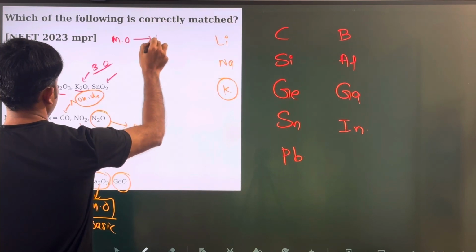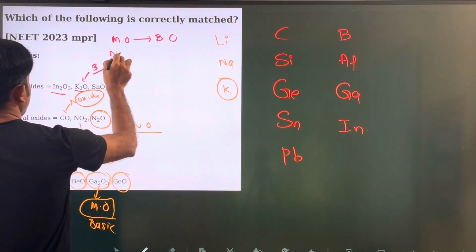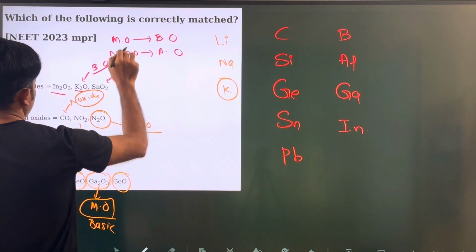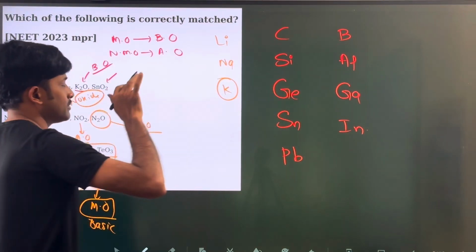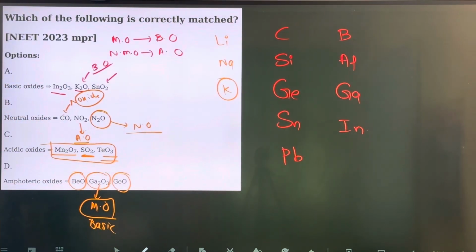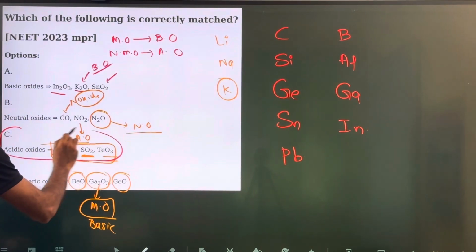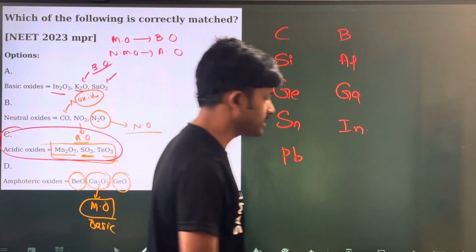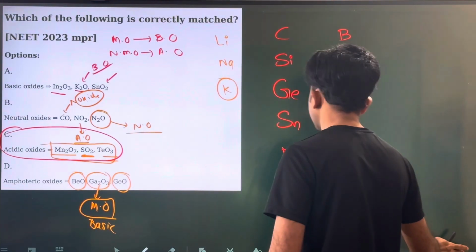Metallic oxides form basic oxides, non-metallic oxides form acidic oxides. In between metallic and non-metallic oxides, we have the dual behavior of oxides, and that forms the amphoteric oxides. Based on this we came to know that the acidic oxides are Mn2O7, SO2, tellurium trioxide. Is it clear? Then move on to the next one.